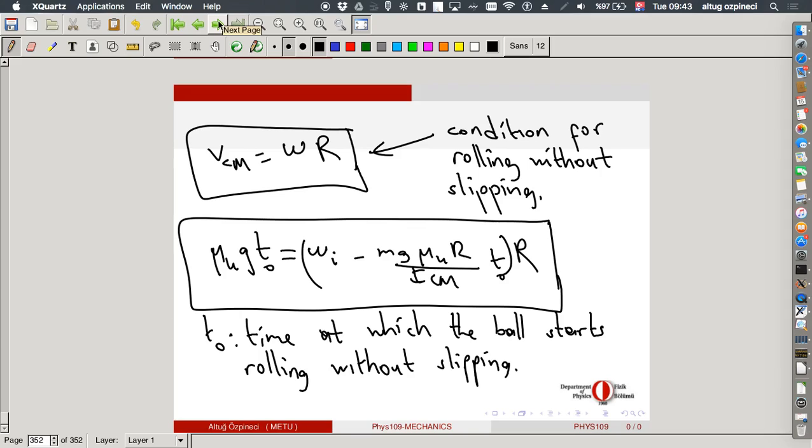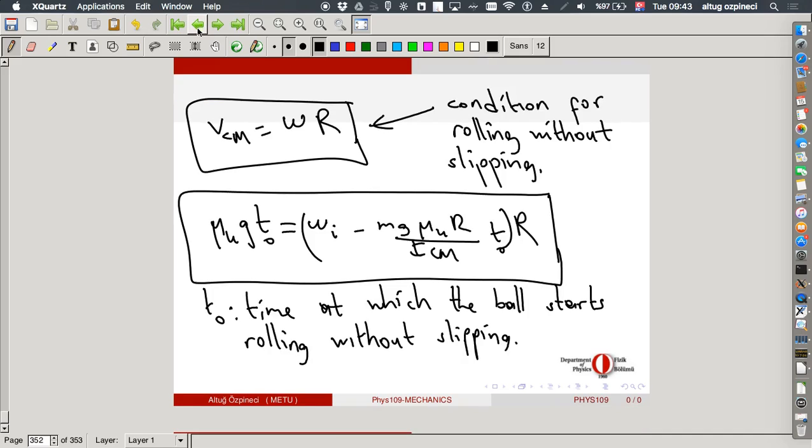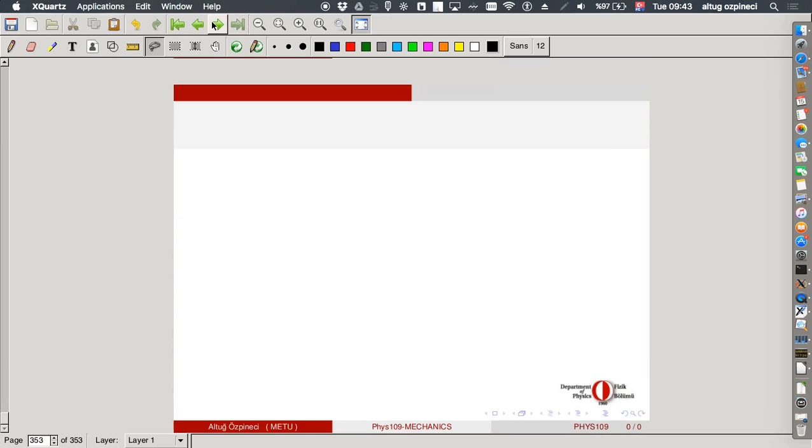Now let us look at one coincidence. That is, at this level we will just think that it's a coincidence. Now we had calculated the velocity of the center of mass as a function of time. It is mu k times g times t.